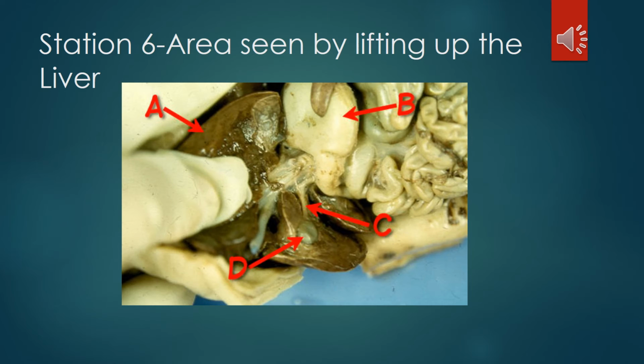So basically, all of the bile produced from the liver gets stored in the gallbladder, and then the bile duct takes it to the digestive system to break down fat. So the bile duct C is the one that takes the bile stored in the gallbladder to the food to break down the fat.